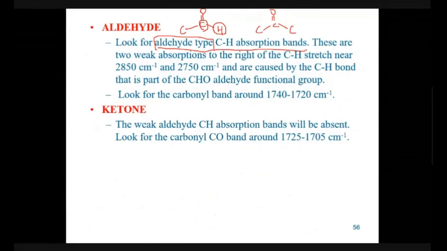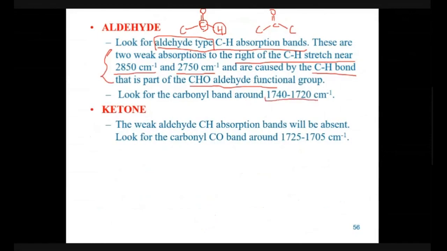Now these have 2 weak absorptions to the right of the CH stretch, near 2850 centimeter inverse and 2750 centimeter inverse. So these two bands will always be observed if aldehydic CH is present. It is caused by the CH bond that is part of the CHO aldehyde functional group. Now after that has been confirmed, look at the carbonyl band around 1740 to 1720.